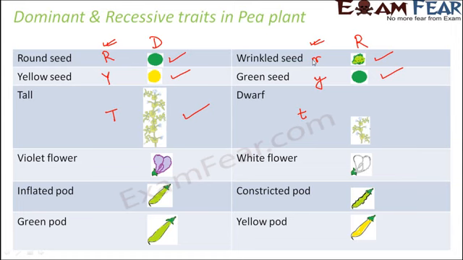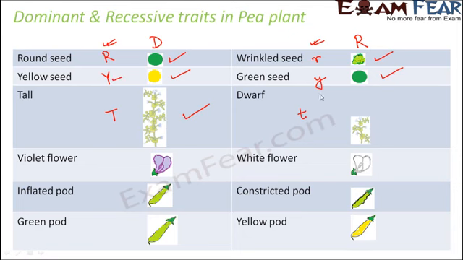The shape of the seed will either be round or wrinkled. If it is round, it is capital R, and if it is wrinkled, it is small r. Please do not use W for wrinkled seed because that will create confusion. If you are using the same letter, it means they both represent the same trait, that is the seed shape.